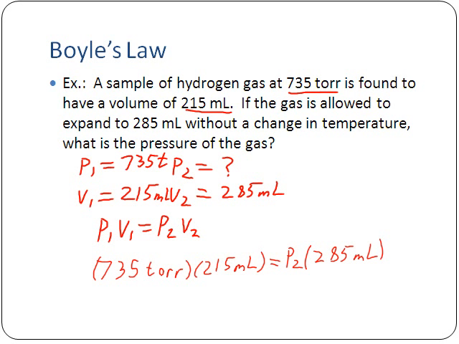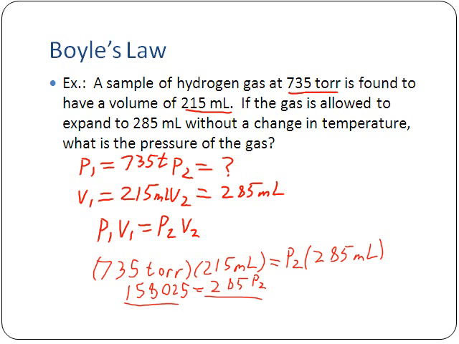Okay? And so if you get out your calculator, we'll work on the left side here. Doing that, we get 735 times 215, and when I do that, I get 158,025. No rounding yet because we haven't gotten to the answer yet. That is equal to 285 times P2.